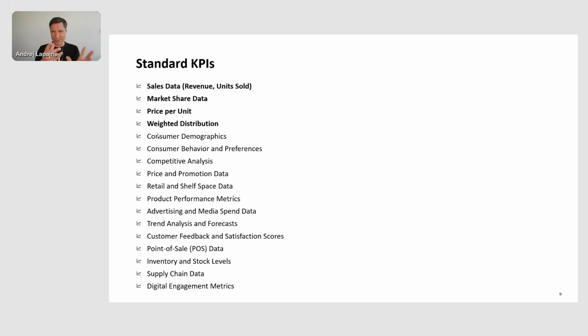So, for example, this would be the area of Nielsen data that we will mostly present today. But also consumer demographics, competitive analysis, price, promotional data, shelf space data, like in retail positioning, the planograms and all that in retail, and on and on and on.